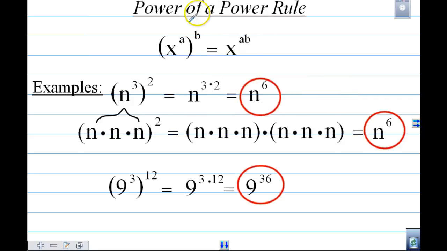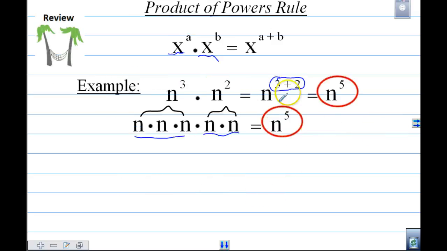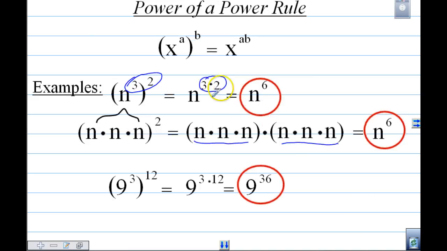And then we have the power to a power, which means you have a group of something being raised to an exponent. So we have 2 groups of 3. That was the same as multiplying the exponents. So the big deal here is when do you know when to add and when to multiply. And we can't mix that up.